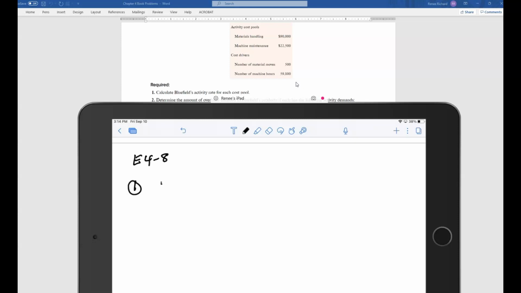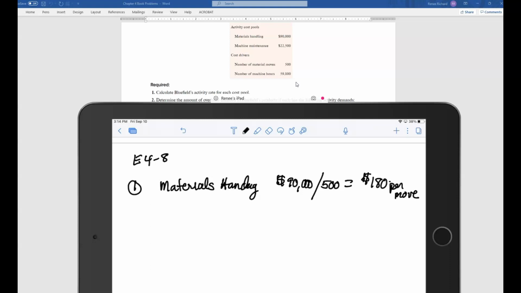For materials handling, it is 90,000 divided by 500, or $180 per move, because the number of moves drives the materials handling cost.